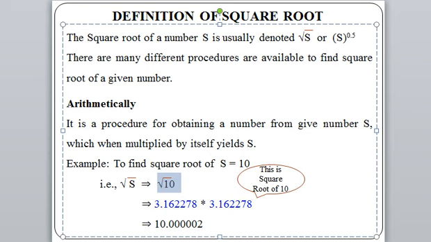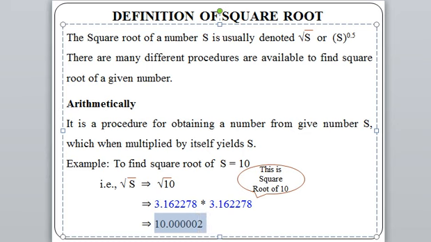If I want to find the square root of 10, I have to estimate or predict a number such that when I multiply it by itself, I should get the answer 10. So now here is a number, that is 3.162278. When it is multiplied by itself, it is possible to have the value 10. So it is approximately equal to 10.